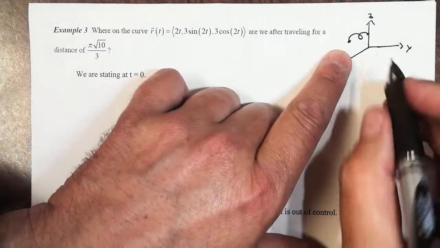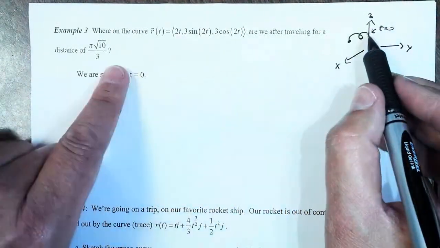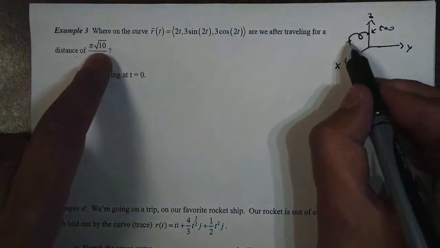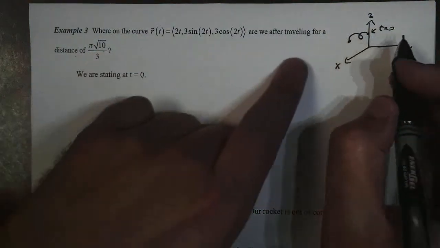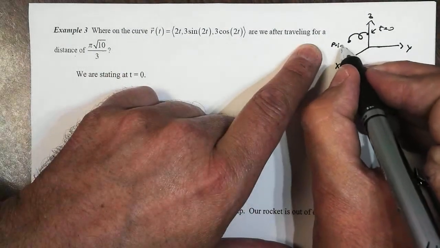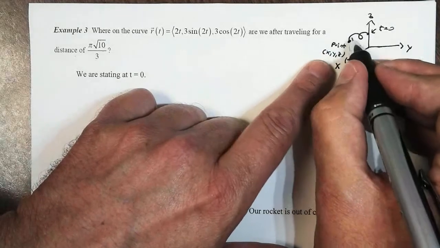And we stop. So we're starting here at t equals 0. They're telling us we travel a distance of pi root 10 over 3 units. And we want to find out where this point is, this x, y, z.